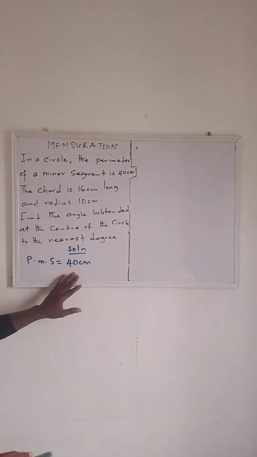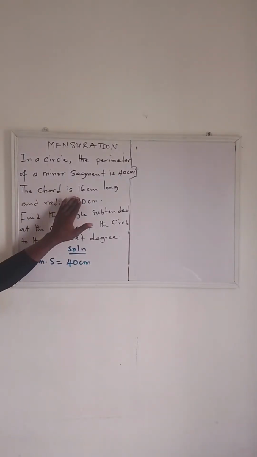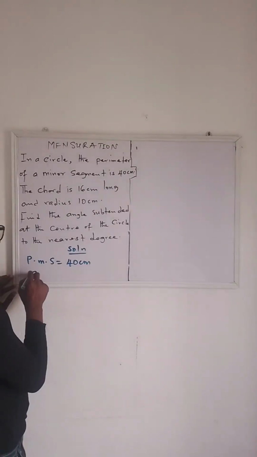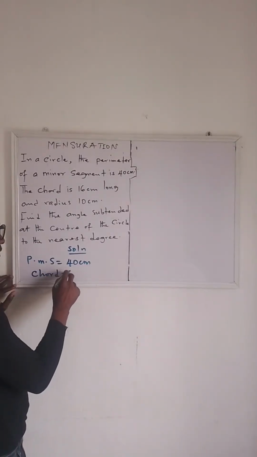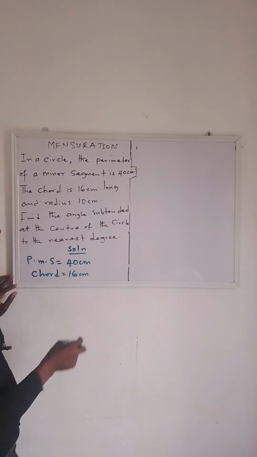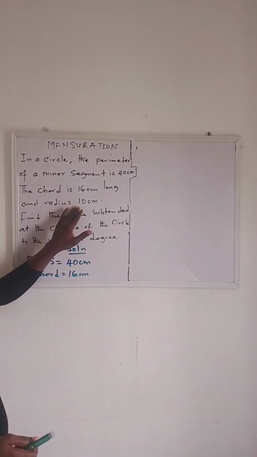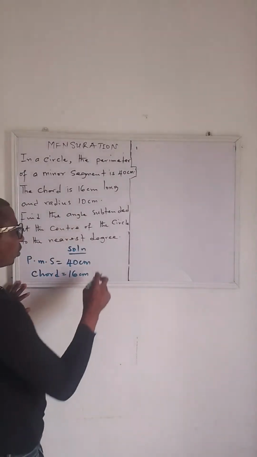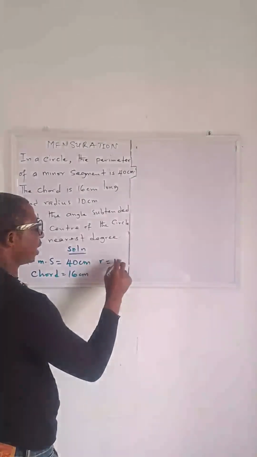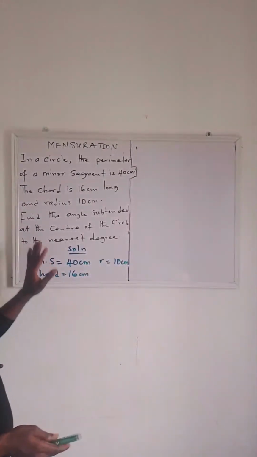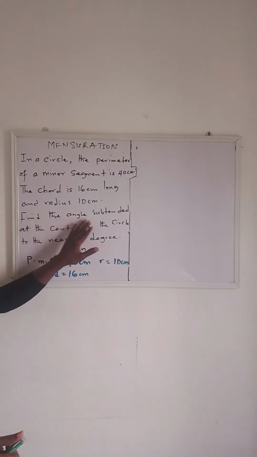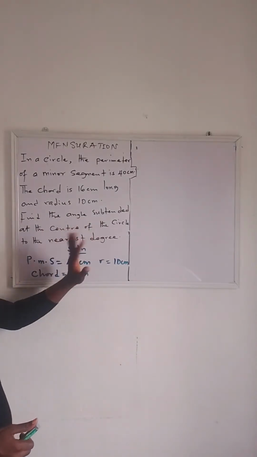And also the chord is 16 centimeter long. So chord is 16 centimeter. What else are we given? The radius is 10. So radius R is 10 centimeter. Now the question is find the angle subtended at the center of the circle.